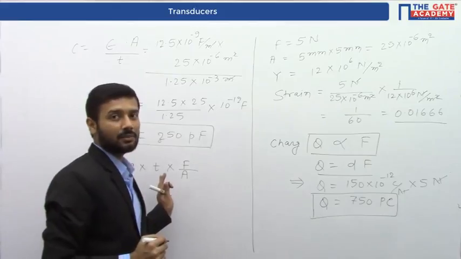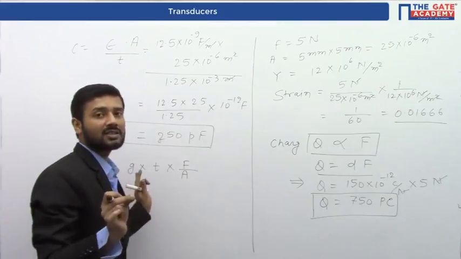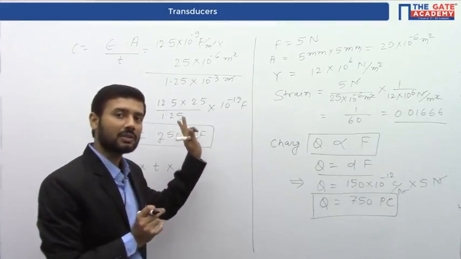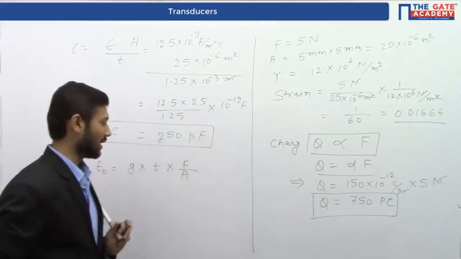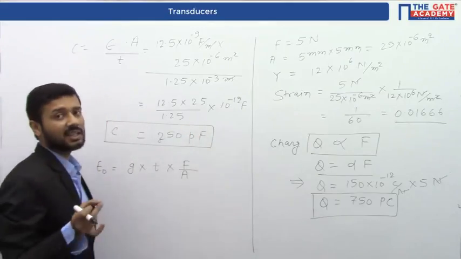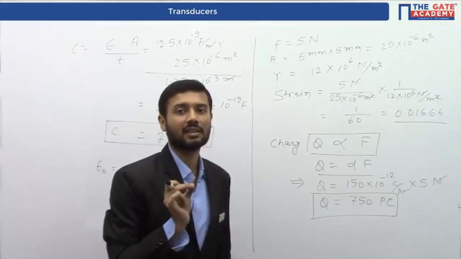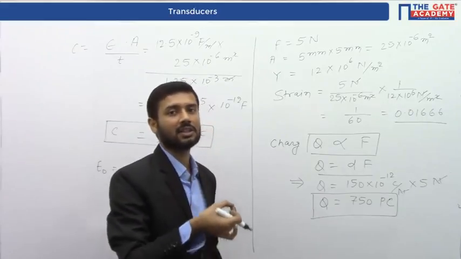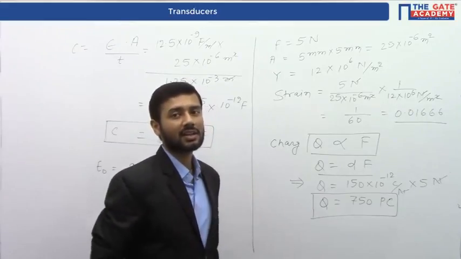This is the relation to find the voltage generated across the terminals of the piezoelectric crystal, where G is nothing but the voltage sensitivity of the piezoelectric crystal.